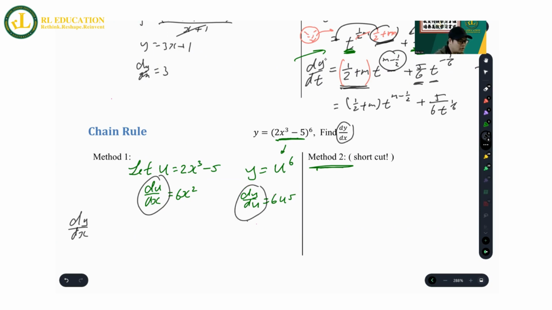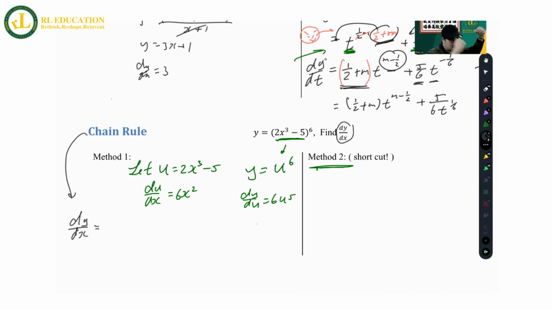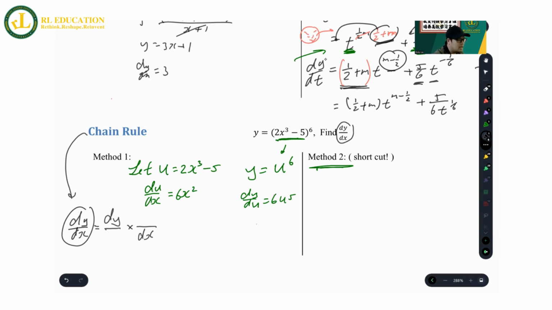So the reason it's called chain rule is because of the following steps. I just take what I want, dy dx, and split it like this. Take dy dx, I put dy in here, I put dx in here, and fill up the gap. The gap that I fill up is something that I have in the previous one, but I don't have right now.